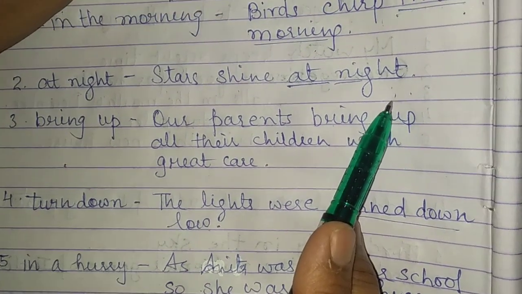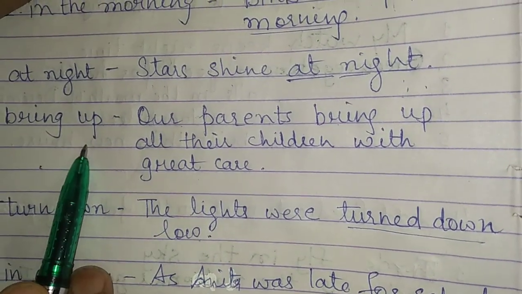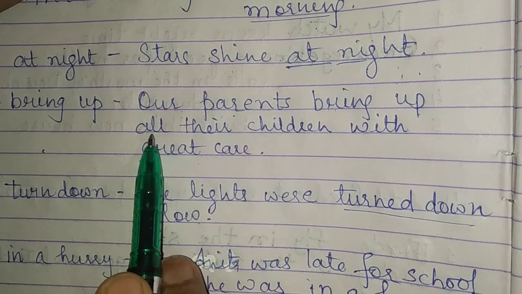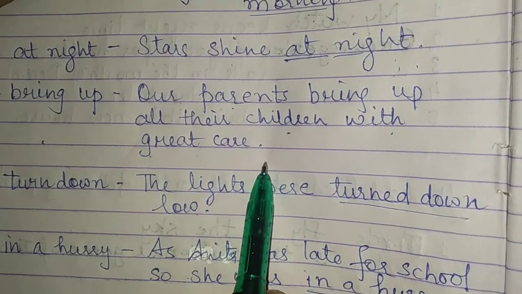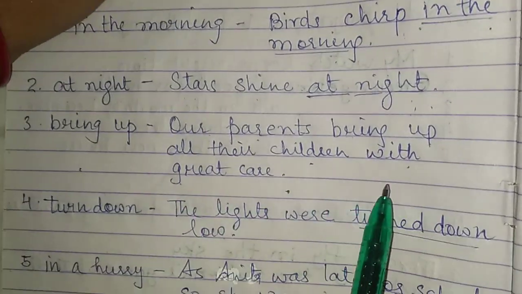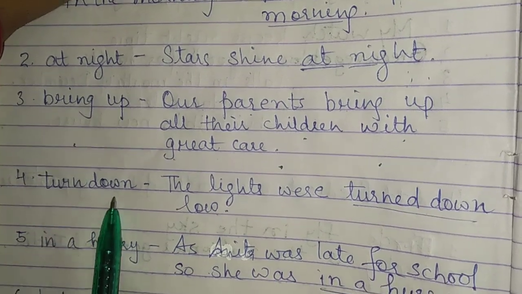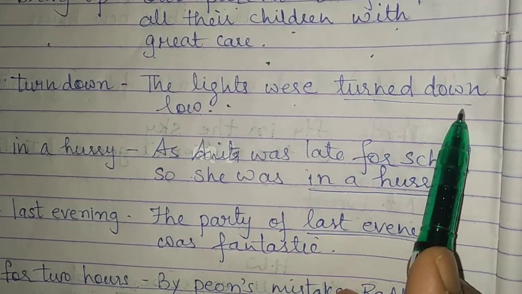Now come to the next phrase, that is bring up. Clear? Bring up. Our parents bring up all their children with great care. Clear? This becomes a complete sentence with the help of the phrase bring up. Turn down. The lights were turned down.